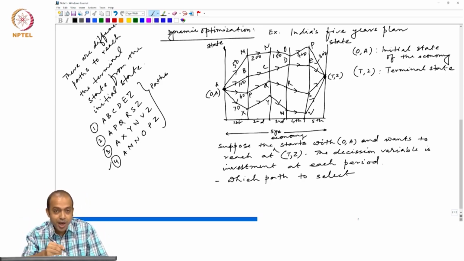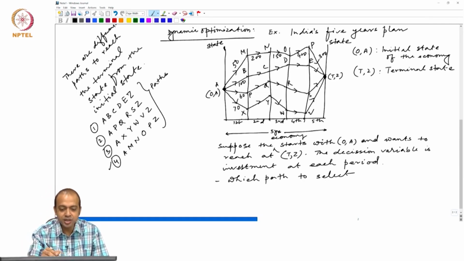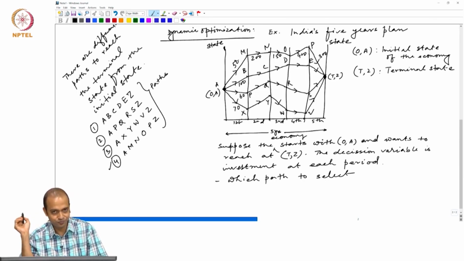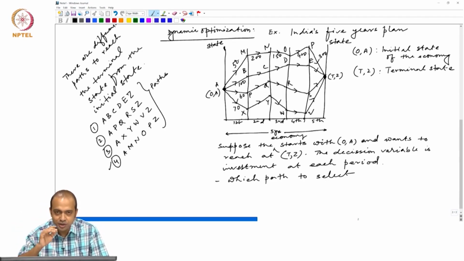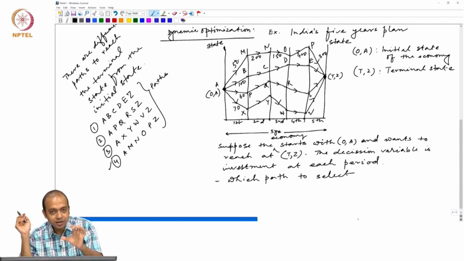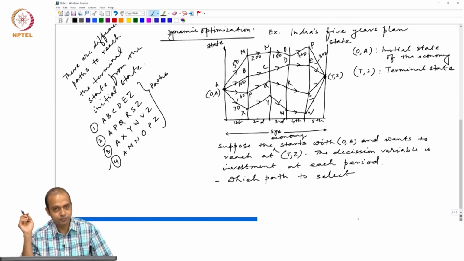So, when you add the total cost of travelling from A to Z, that is the highest, even though initially it involved 50 rupees. So, the social planner has a broader vision rather than a myopic vision here.